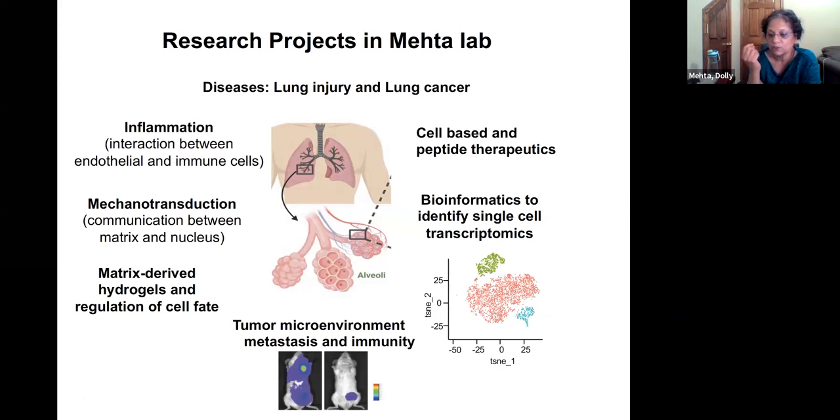So we have been able to devise small molecule inhibitors or cell-based therapy such as alveolar macrophages. If you put back good macrophages, would you be able to normalize the mouse lung? Or if you put back the endothelial cell into the disease mouse, would you be able to restore their lung fluid homeostasis? And in doing so, we do have to identify what cells are good cells, what cells are bad cells.